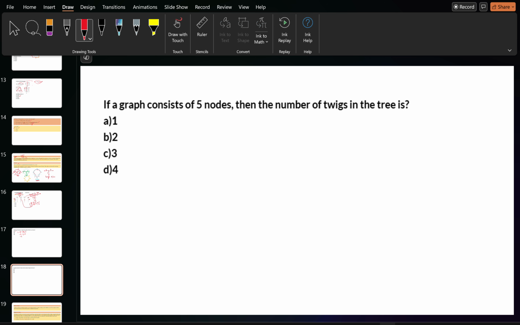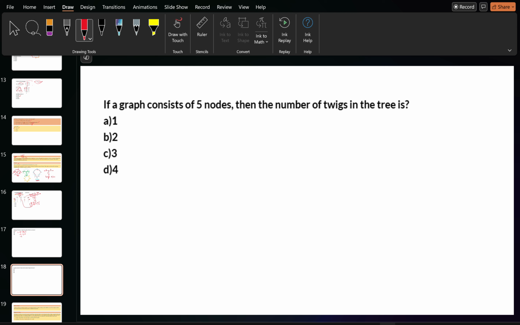Try to solve this. Okay, 4. I got one answer as option D, 4.